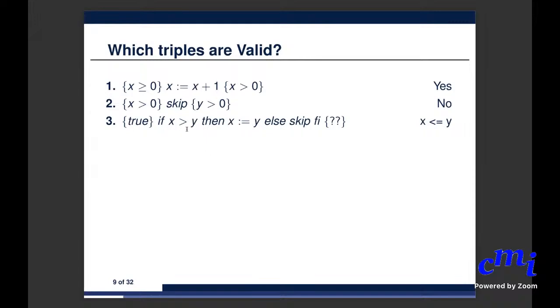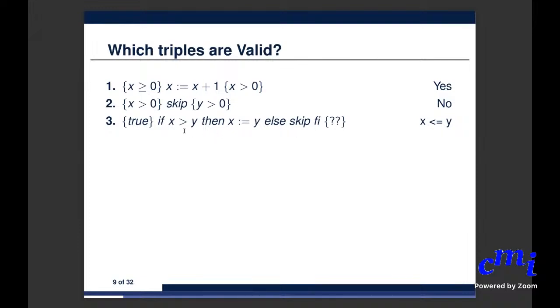Now, here, you're starting in a precondition in which you're not constraining the values of any of the variables. That's what true means, okay? Then if you execute this if x is greater than y statement, the question is what is the strongest postcondition that you could state.